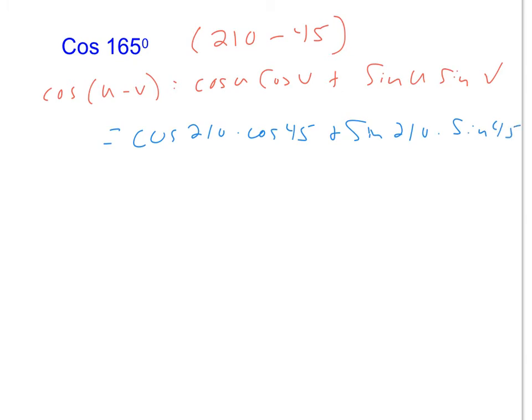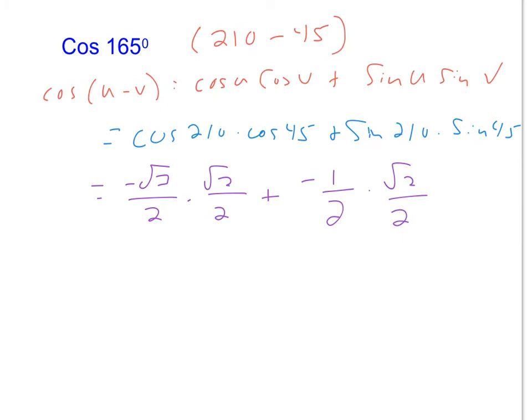Cosine of 210 is in the third quadrant, with reference angle 30, so that's negative root 3 over 2. Times cosine of 45, which we know is root 2 over 2, plus sine of 210, which is negative 1/2, times sine of 45, which is root 2 over 2.